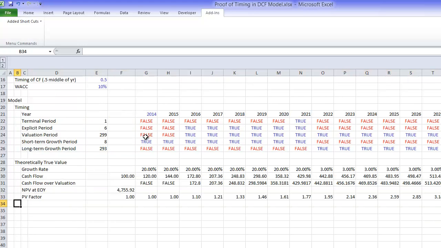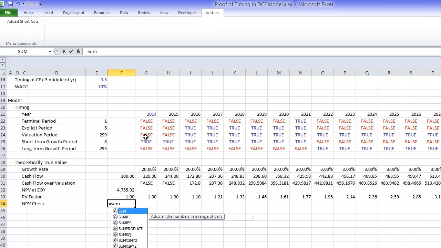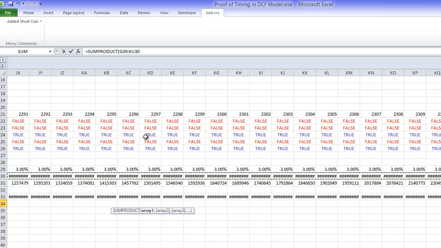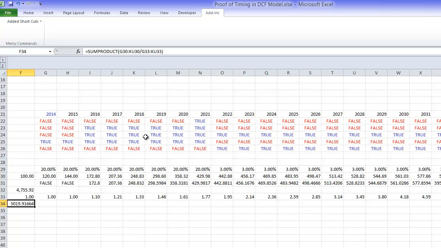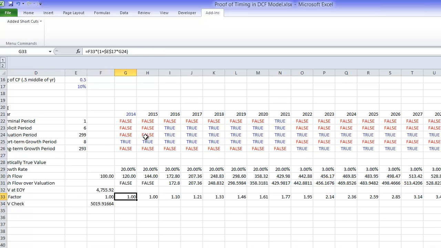Now, if we would take a NPV check, here's all you can do to get that calculation. You can make a sum product, and when you make the sum product, simply take the cash flow and divide that by the discount factor. Okay.